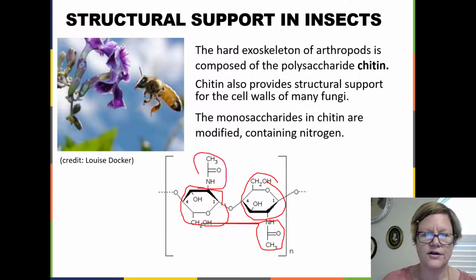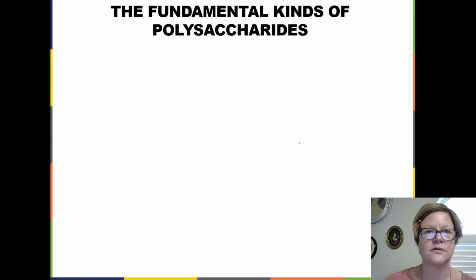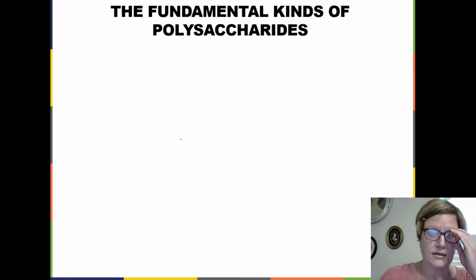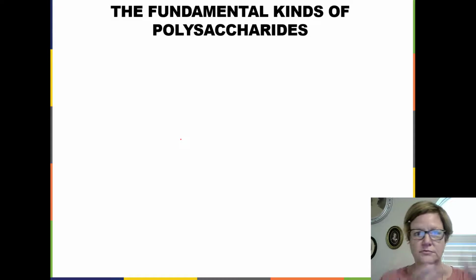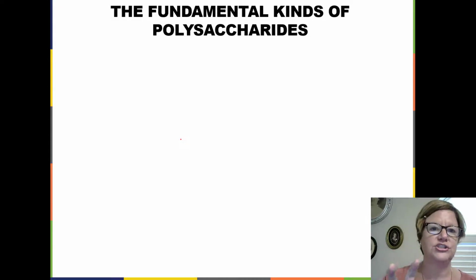So we call it a modified glucose. It's a modified glucose that makes up the monomers that are joined together to make the polymer that we call chitin.